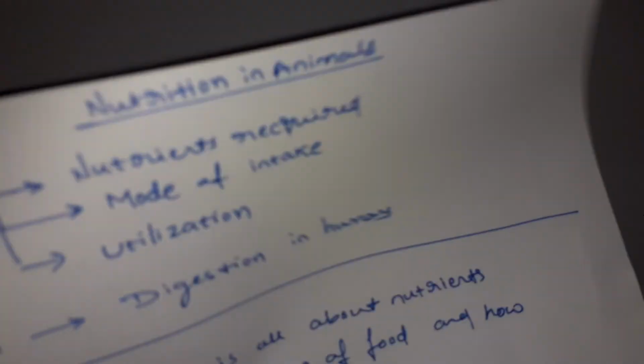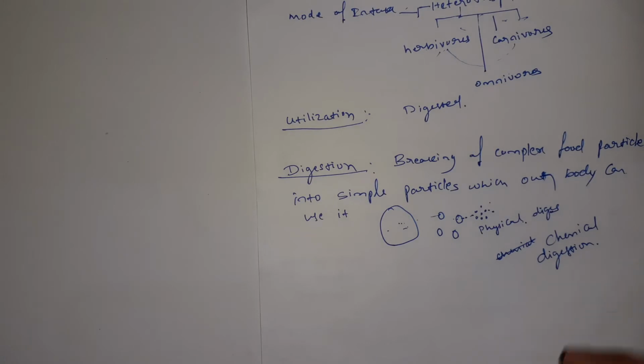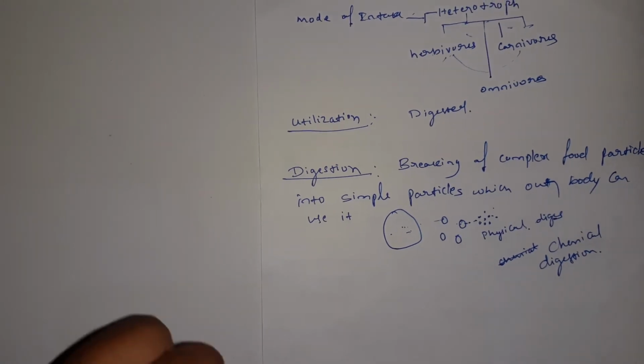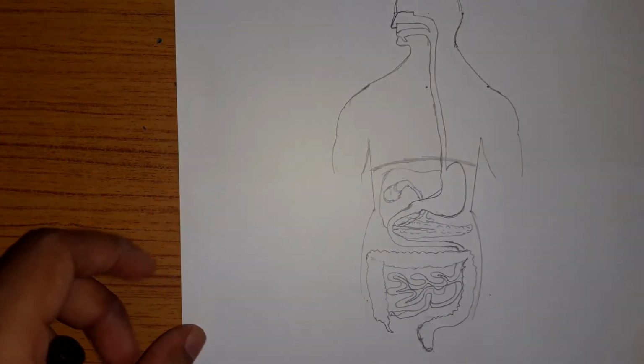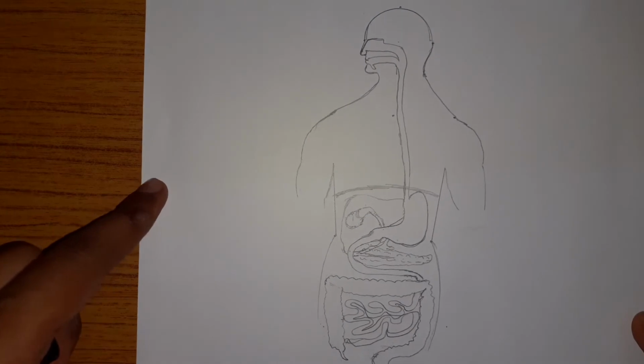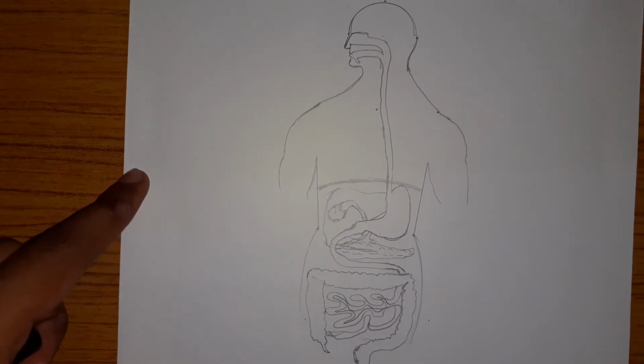The next point: I want to show one diagram, the human digestive system, and what all parts are involved here, so that in the next video I can start discussing the different types. I tried my best to draw this diagram.